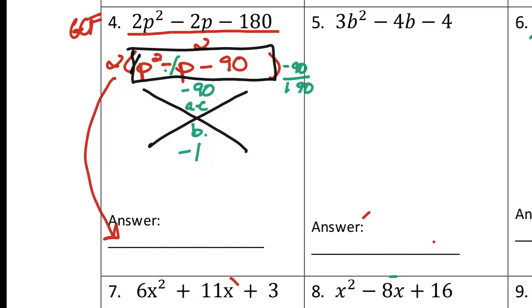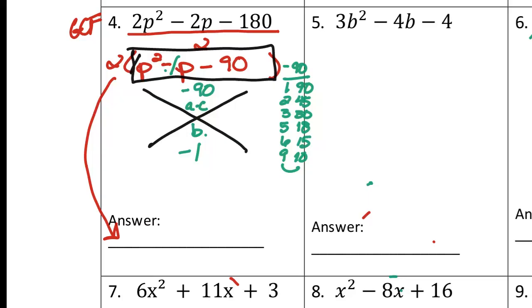1 and 90. Jeez, this is going to have a lot. 2 and 45. I'm just going to give them to you. And anytime you see something that differs by 1, let me know. 3 and 30. 4, no. 5, yes. 5 and 18. 6, yes. 6 and 15. 7, no. 8, no. 9 and 10.